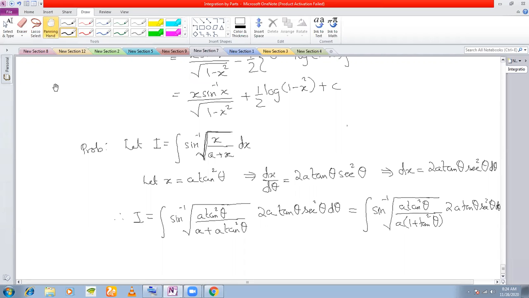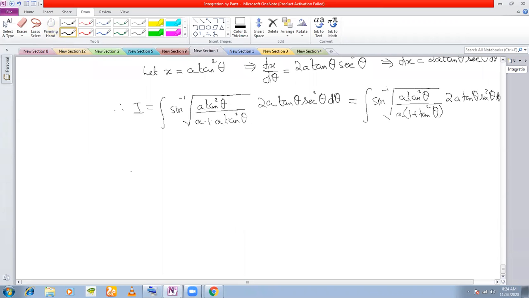Now see, 2a is a constant. You can take it out of the integration also. Let us take 2a out. Sine inverse root over of, now sec square theta you know is 1 plus tan square theta. So in the denominator you can put this as a sec square theta, right? And this is tan theta sec square theta d theta. This is 2a integral.